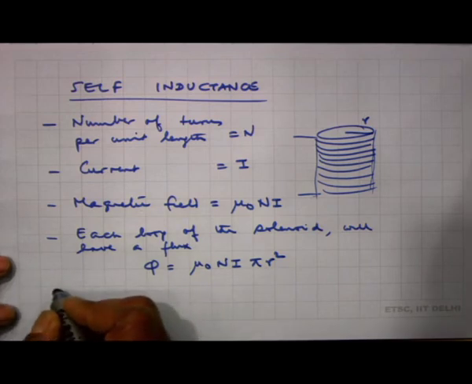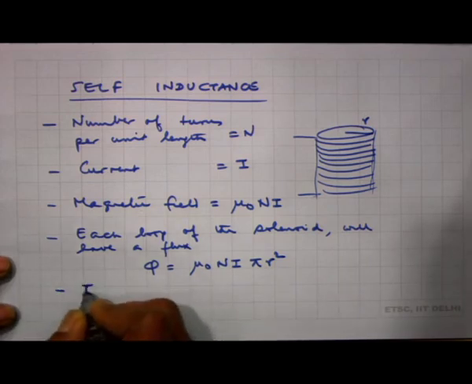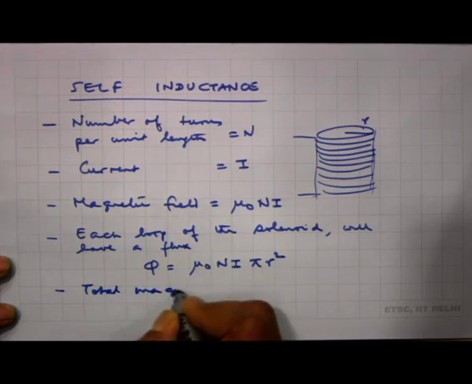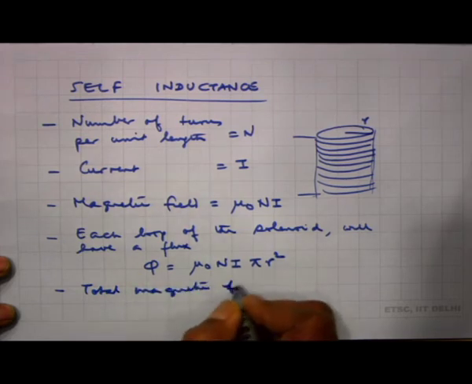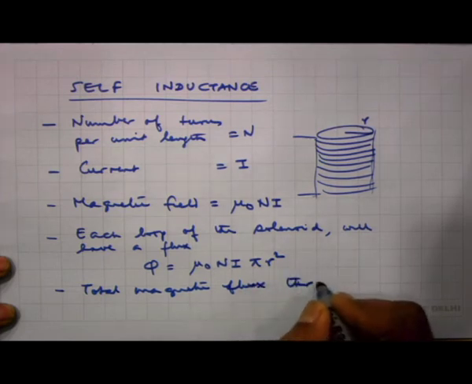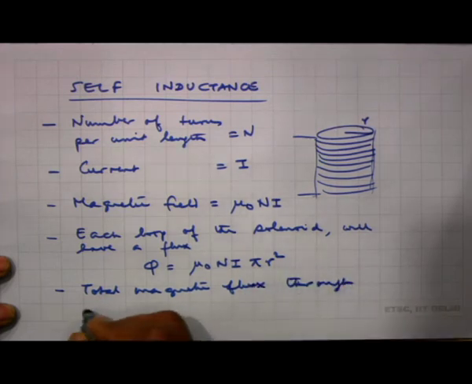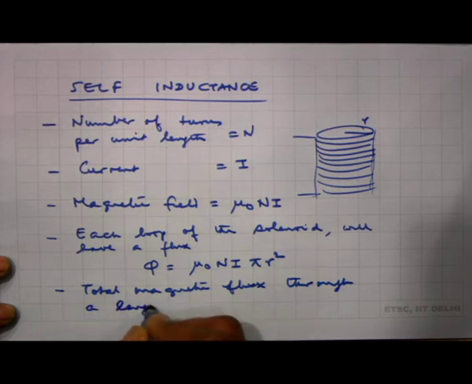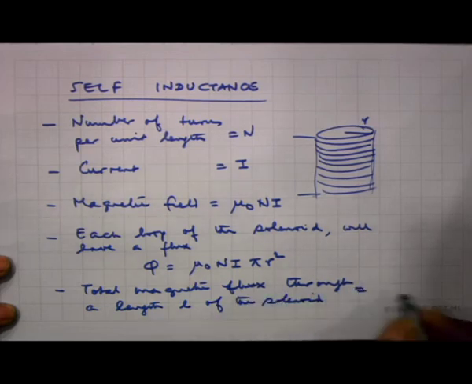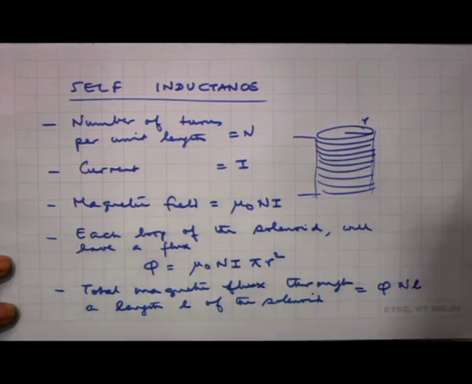So, the total magnetic flux through a length L of the solenoid is equal to phi times the number of turns, which is n times L.